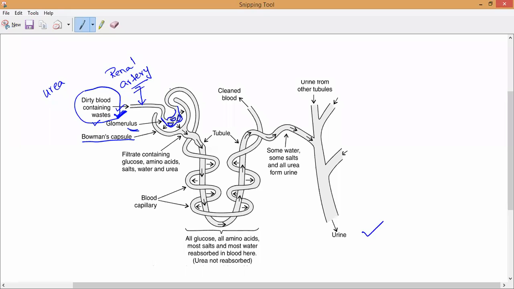Now the glomerulus filters the blood. What is the function of the glomerulus? It filters the blood, correct or not? Yes.